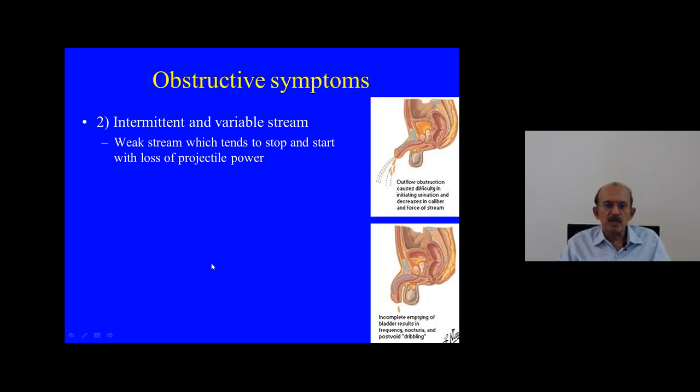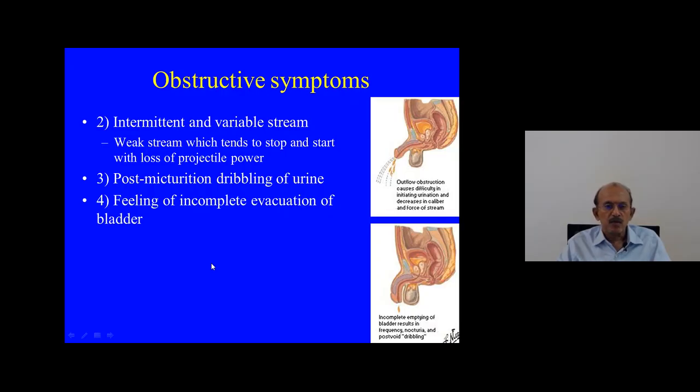Weak stream, which tends to stop and start with the loss of projectile power. Post-micturition dribbling of urine. Then feeling of incomplete evacuation of the bladder because of the residual urine. All the urine is not being emptied. Part of the urine gets retained.